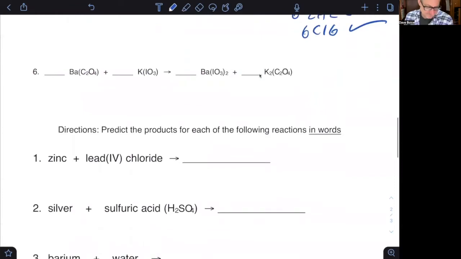Okay, last one. We've got this polyatomic, C2O4, which stays together as C2O4. That's great. IO3, IO3. Everything stays together.